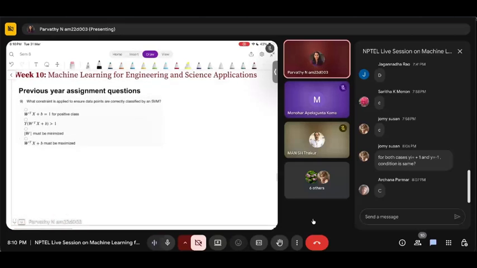What constraint is applied to ensure data points are correctly classified by SVM?